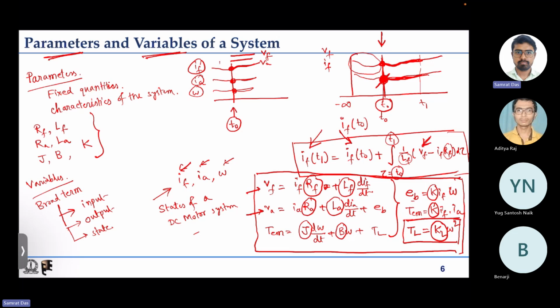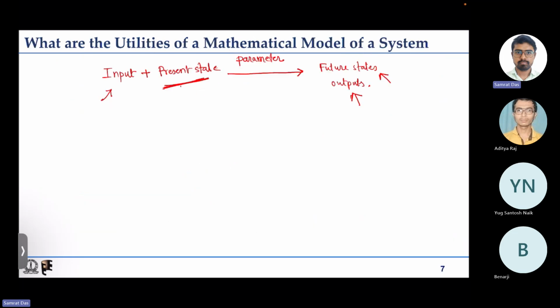So if we know the present state of a dynamic system, the future inputs and the parameters, we will be able to come up with the future states and the outputs of the system.